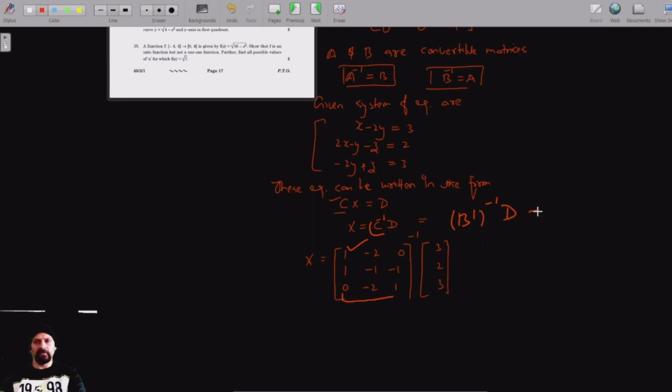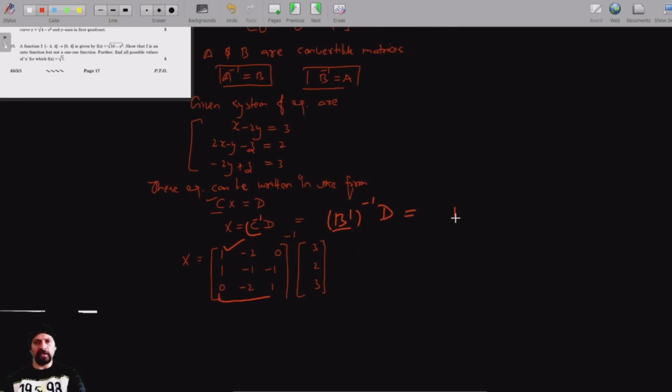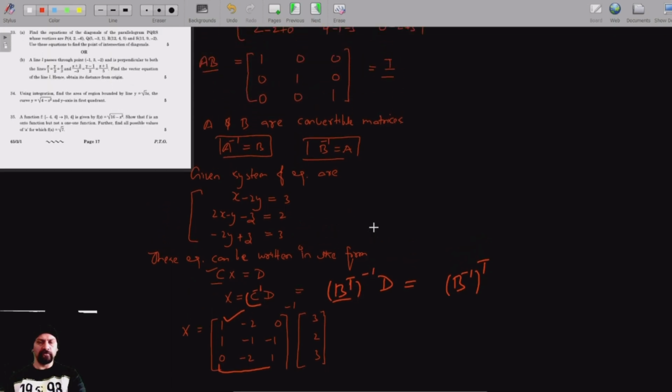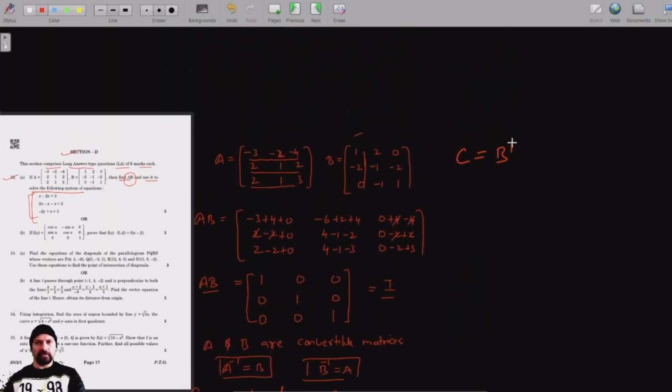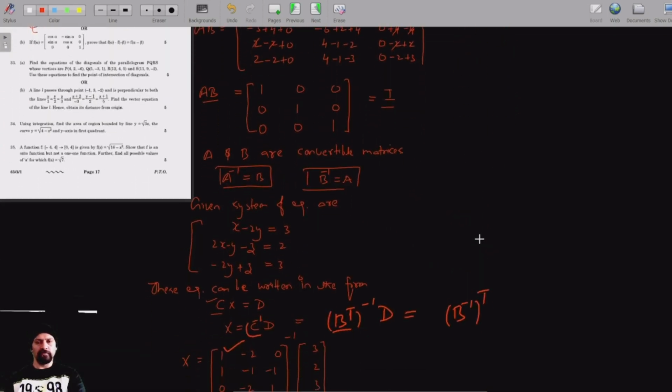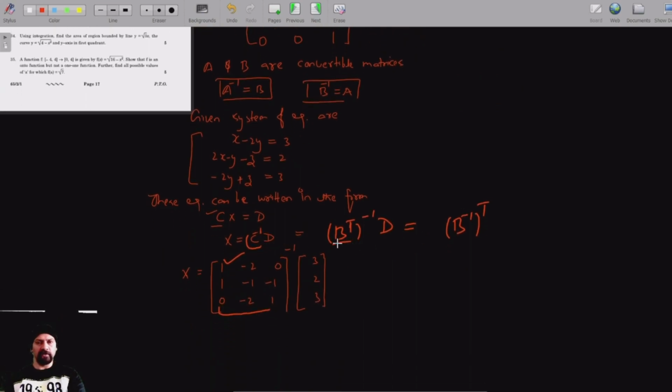Now this B transpose inverse can be written as B inverse transpose. So instead of C, I have written B transpose, and B transpose inverse can be written as B inverse transpose.